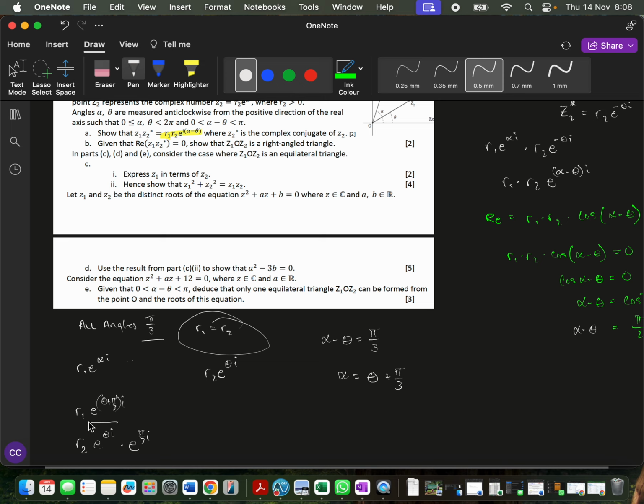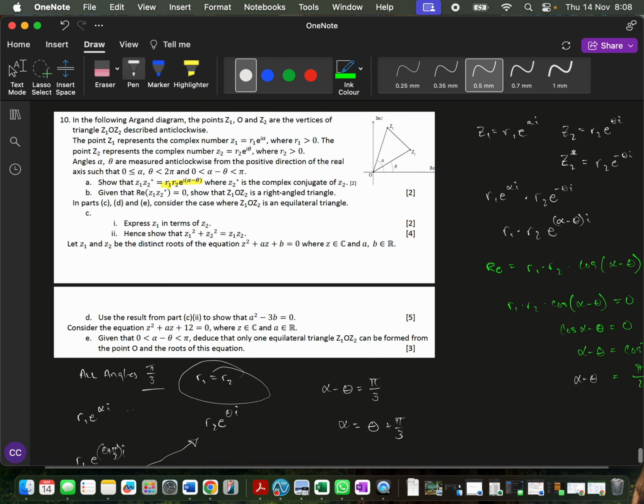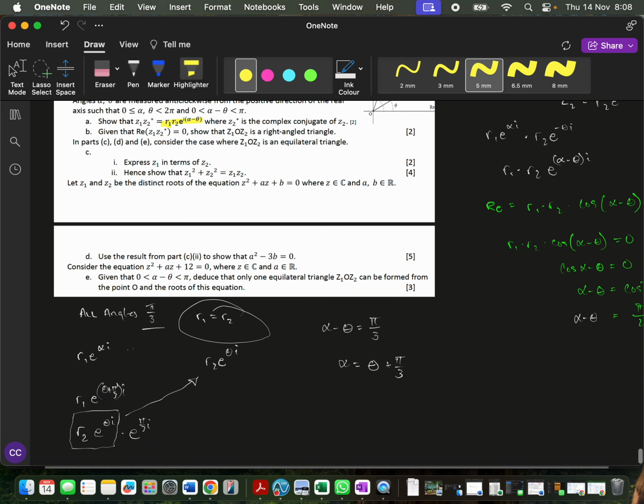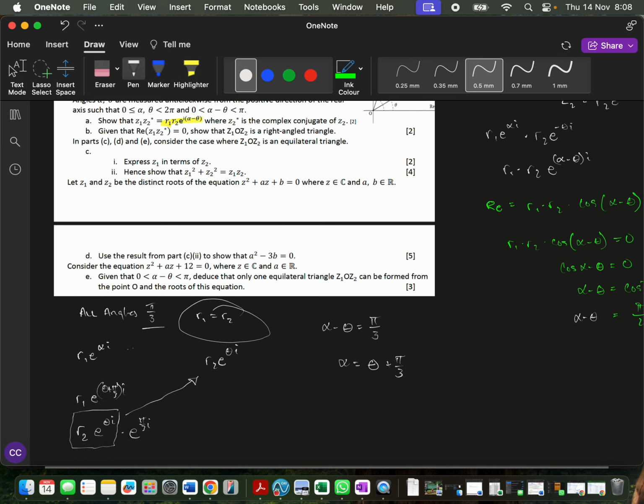Well, this right here is the definition of that right there. That's z2. So to write this as one, this is going to be z2 times e^(pi over 3 i), and that is the same as z1. Okay, that's doable.